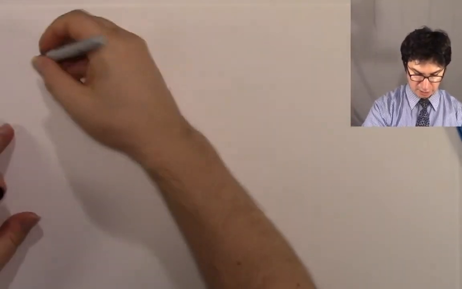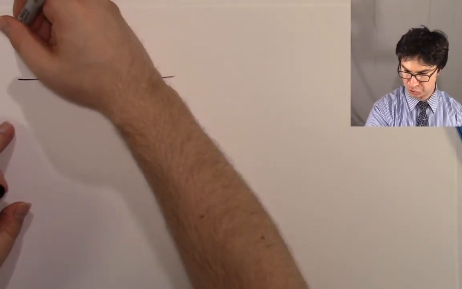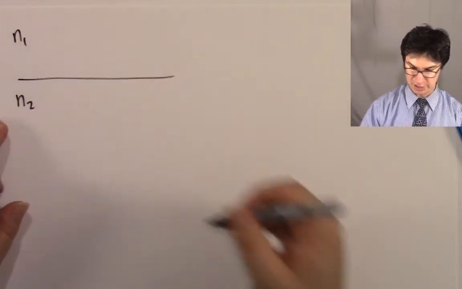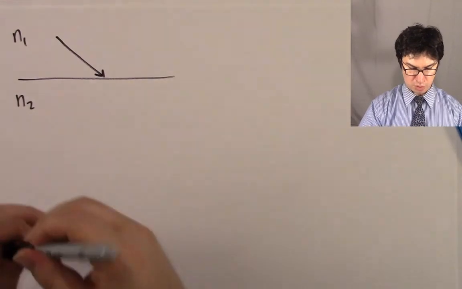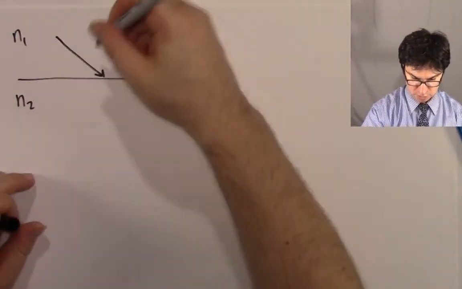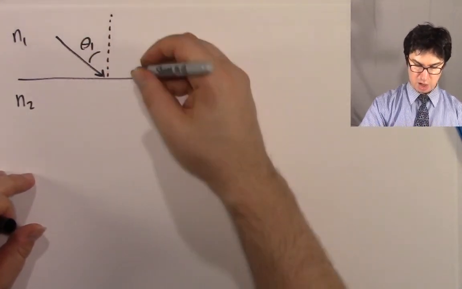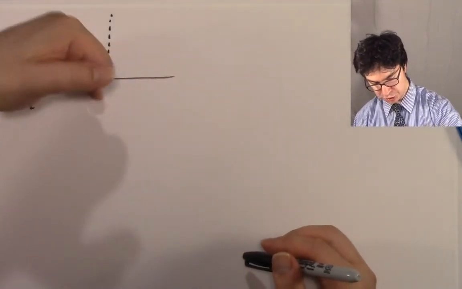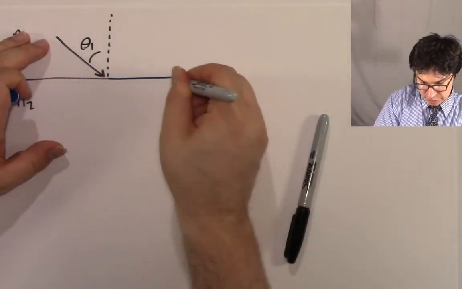The critical angle is reached when, if you have a certain index of refraction, we'll call this N1, and this is the second index of refraction, N2, and we have some theta 1 at which the light is going to bend parallel to the boundary. So here is the light bending parallel to the boundary.